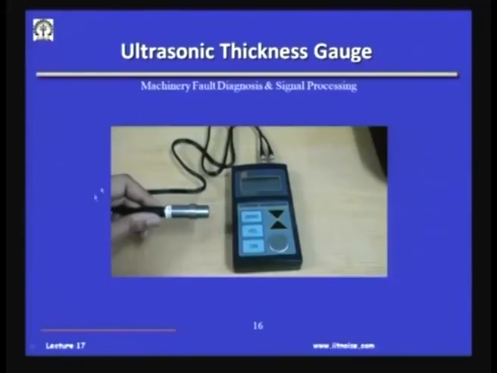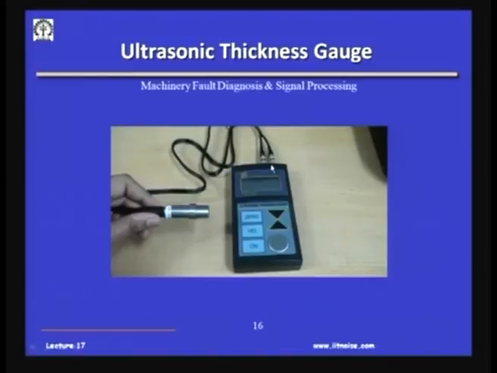Another very important equipment is the ultrasonic thickness gauge, which I had discussed about. You will see this is the ultrasonic probe which has to be put onto a surface whose thickness I need to measure. You will see here two elements. One is the transmitter, which will transmit the ultrasonic wave, and once this wave reflects back, there is a receiver.